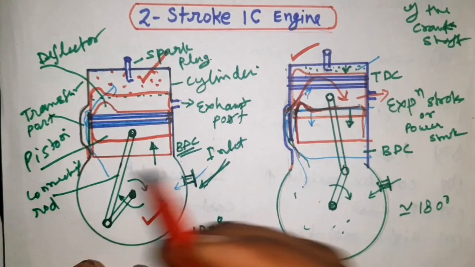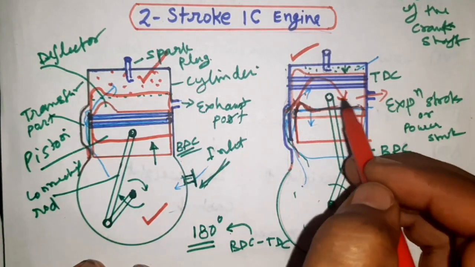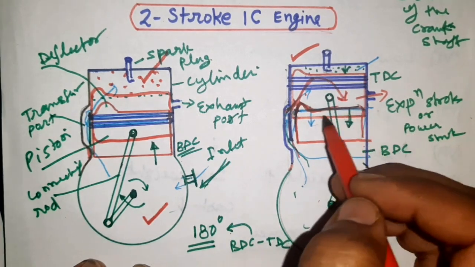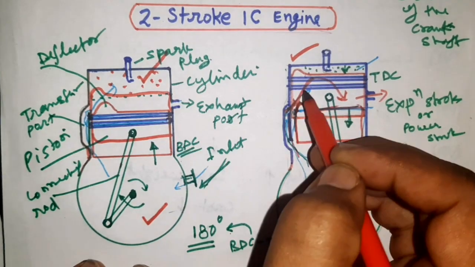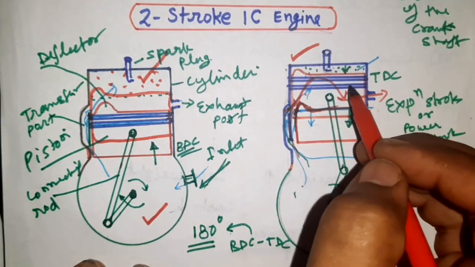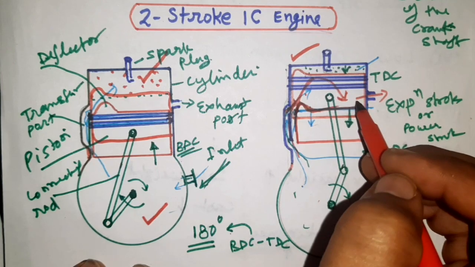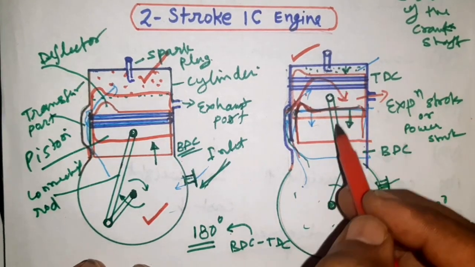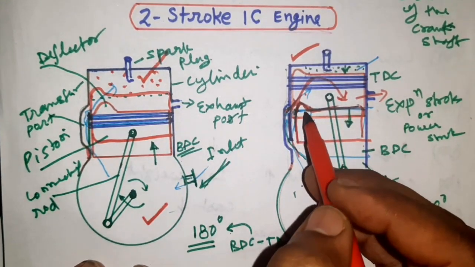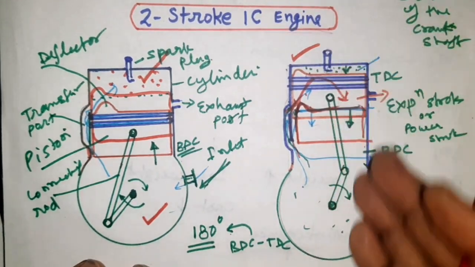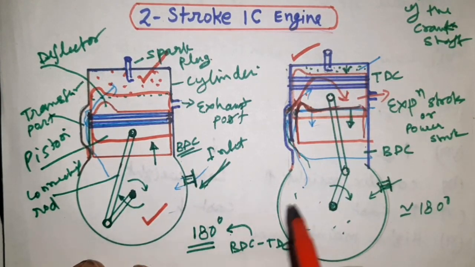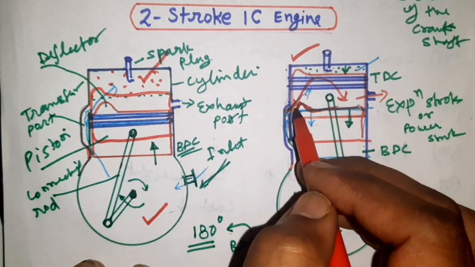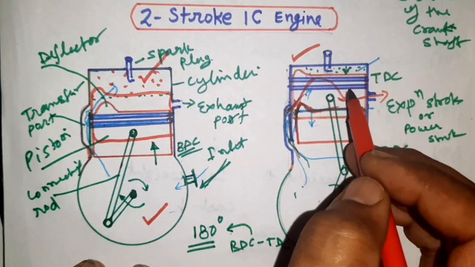After the combustion of fuel, when the piston has reached here, fresh charge enters here and the burnt gases are exhausted via the exhaust port. So you can see the power stroke and the fuel transfer take place in the same motion of the piston. Fresh charge is entering and burnt gases are leaving the combustion chamber.